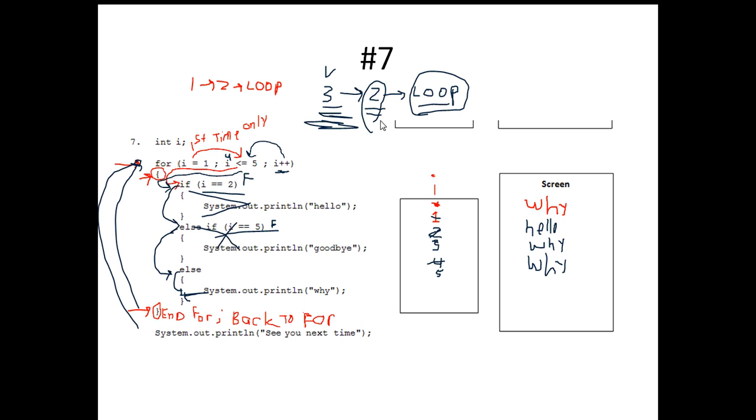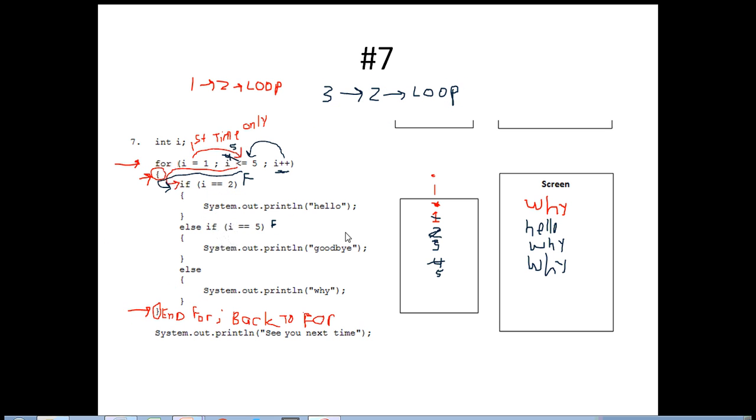We go into the second or the middle argument, and I is no longer 4, it is actually 5. 5 is still less than or equal to 5, so we jump into the loop again. With the I being 5, is 5 equal to 2, which is still false.